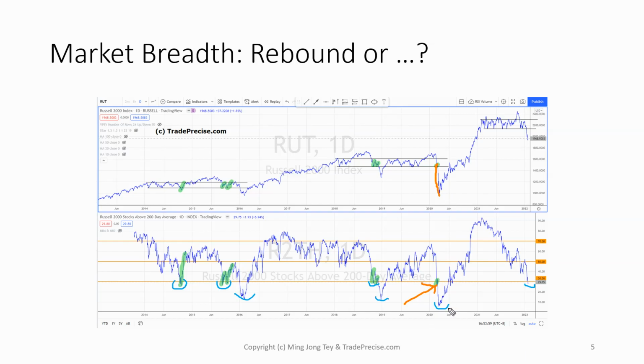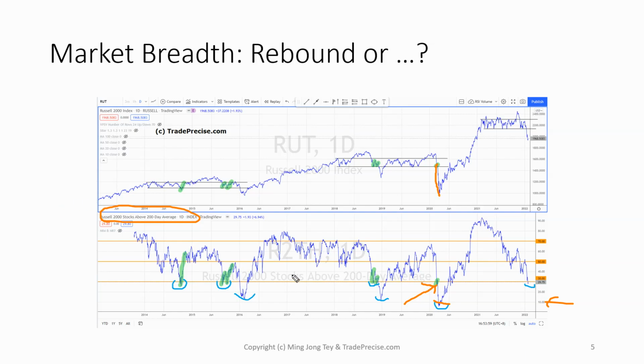Eventually, I think it dipped below the 10% level. Can you imagine that there is less than 10% of the stocks that are actually above the 200-day MA? So the whole market sentiment is super bearish. They think the sky is falling. Everything just needs to go down. They just don't want to hold any stocks, because if you hold stocks, it will just come down for sure.